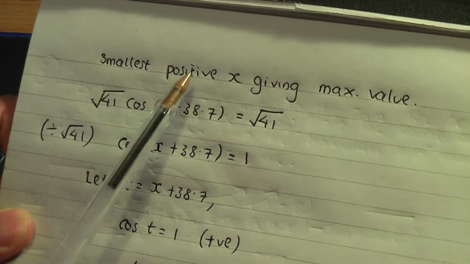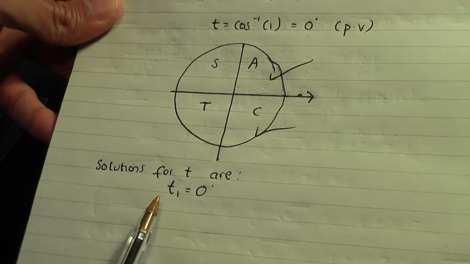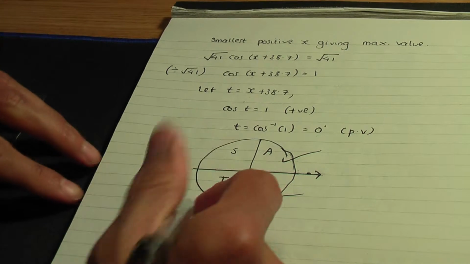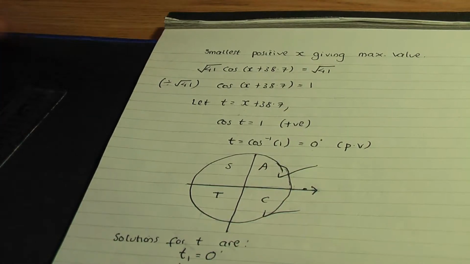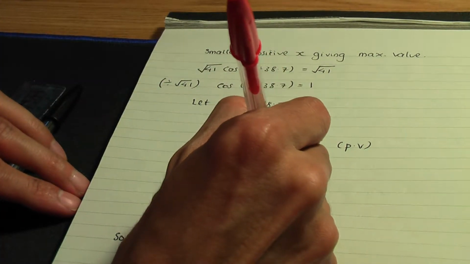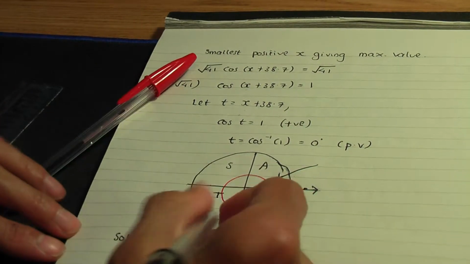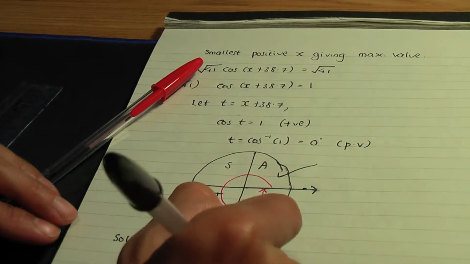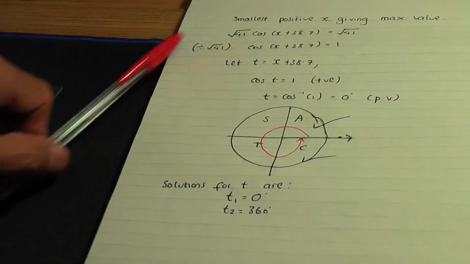So it's wise to calculate another solution for t. Let's work out another one. t2 will be, if I take my red pen, from the initial line, one complete revolution, and one complete revolution is 360 degrees. That's going to be the second solution, so I hope you can see that.